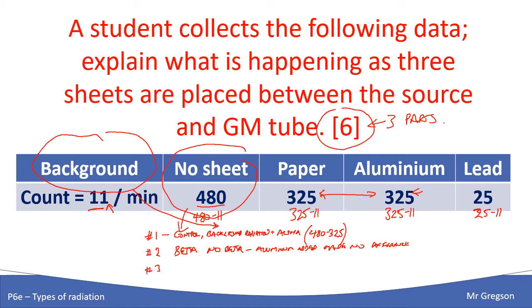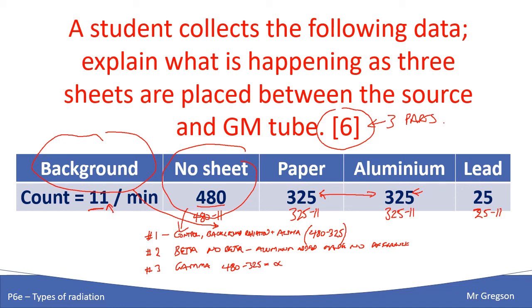Now, of course, paragraph 3, nice and easy, we've got alpha, beta, and now gamma. Now, again, we might make a fairly bold statement here that out of our 480, 480 minus 325 equals our alpha.